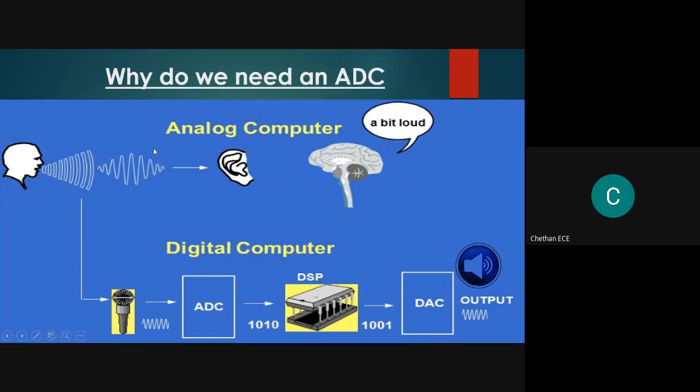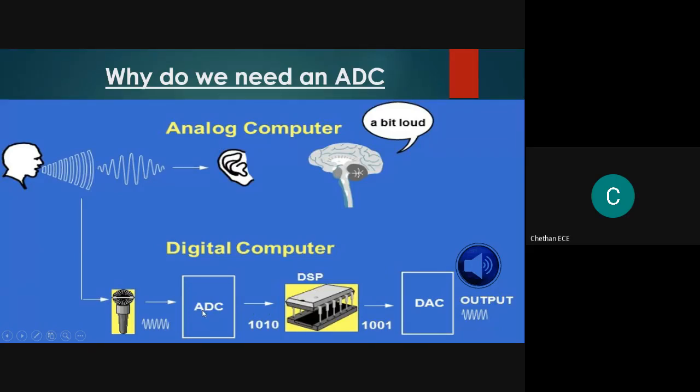Similarly, if I want to interpret the same sound waves using a microcontroller or DSP or microprocessor, I cannot directly send these sound waves to my DSP because our processor can understand only data in digital form.